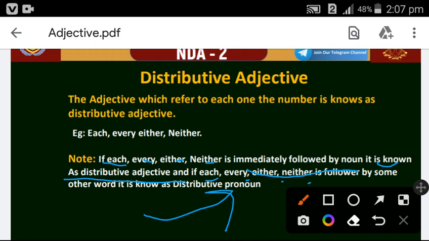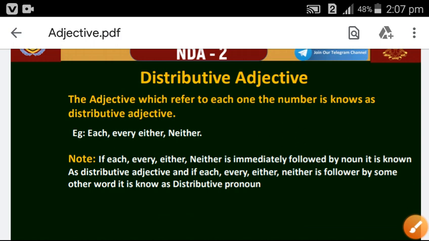But if followed by some other word, could be a preposition, then it is considered as a pronoun. Let us try to find a clearer concept on this by some interesting examples.